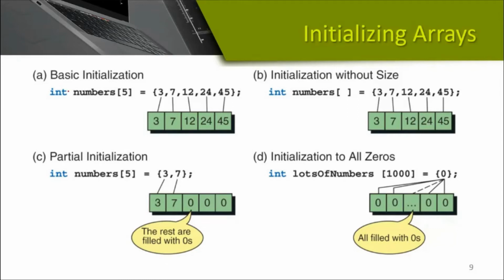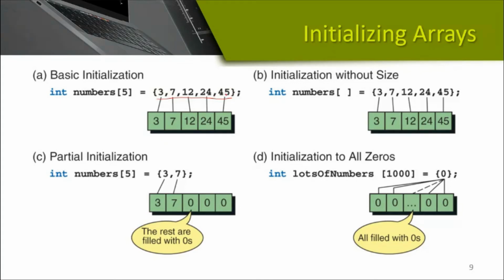Int, the data type, then numbers is the name of that array, then this is the array size. Then 5 integer values placed with a comma in between them. That is, between each integer there should be a comma, and all these values should be inserted inside curly braces.